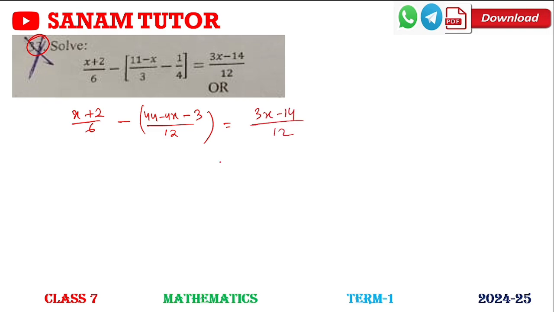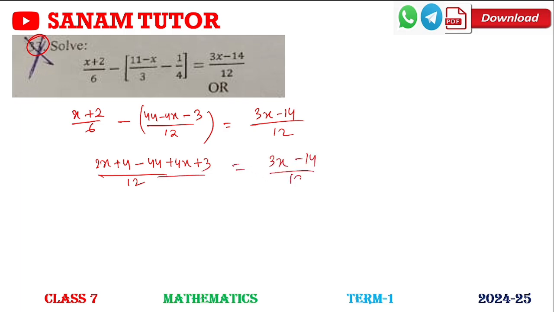Now again LCM 12, 6 times 2 means 2x plus 4, minus sign change, plus 4x, plus 3, equals 3x minus 14 by 12.